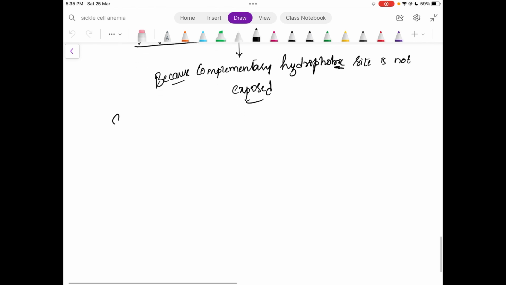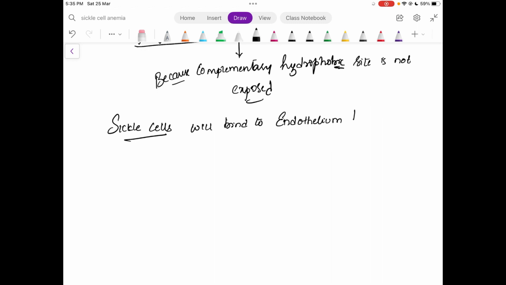Then these sickle cells will bind to endothelium by selectins.